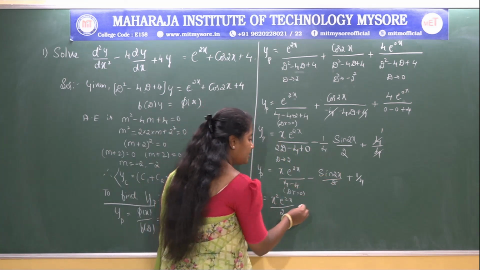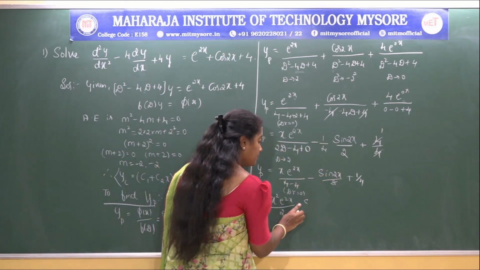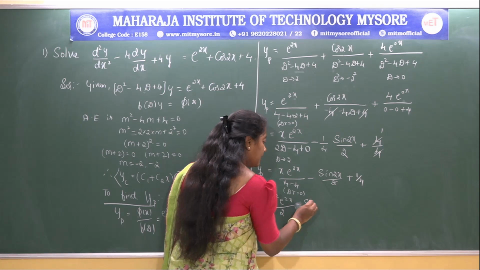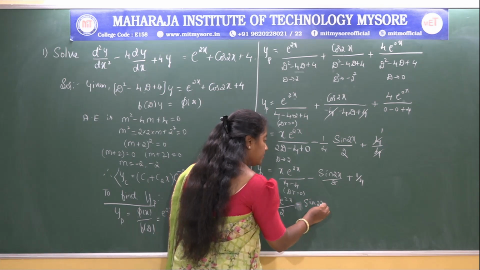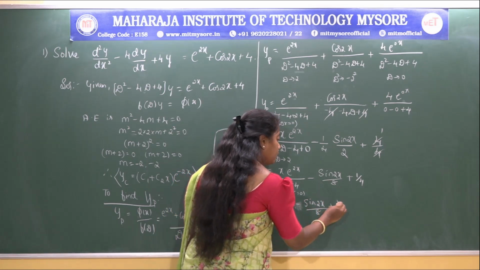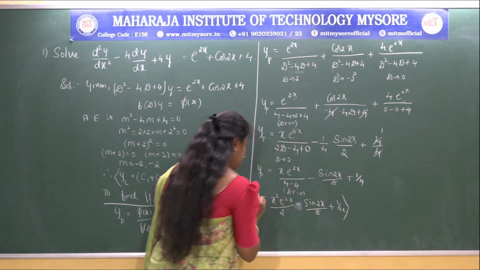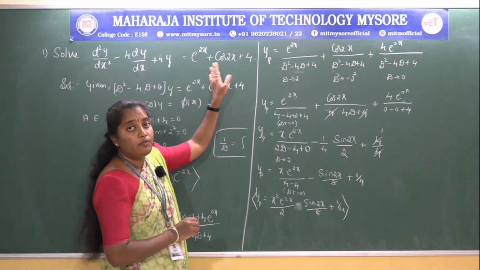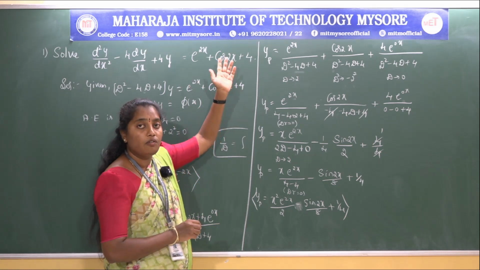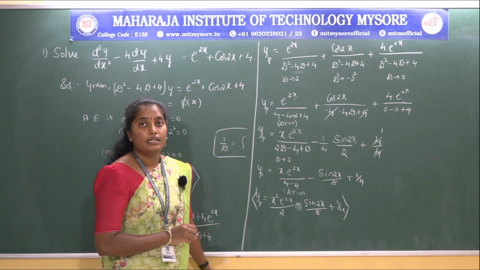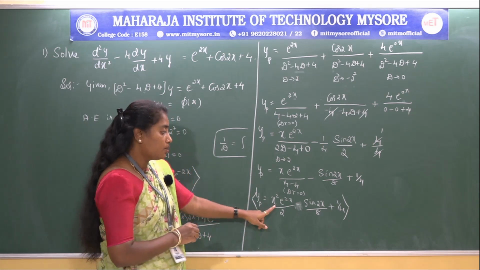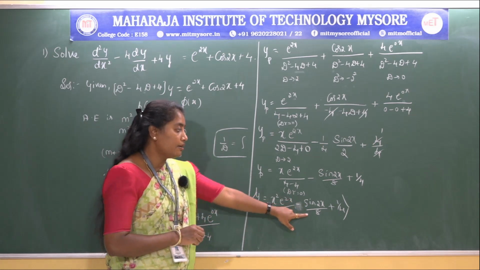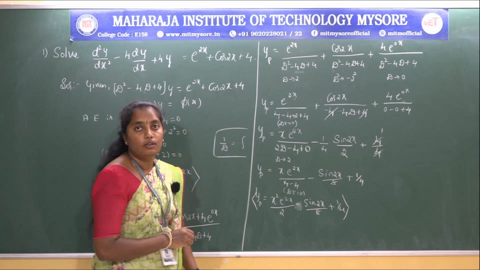And the solution of the last two terms is completed, that is minus sin 2x divided by 8 plus 1 over 4. This is the particular integral of the given phi of x, which is a combination of an exponential term and a trigonometric function. So x square e power of 2x by 2 minus sin 2x by 8 plus 1 over 4.